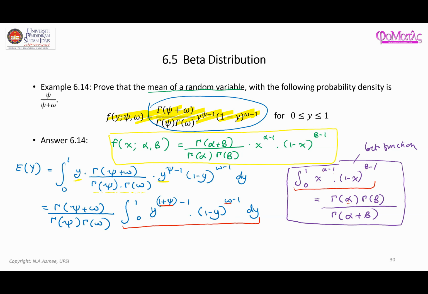So without having to resort to integrating this function, we are able to write the result straight away. So how does the result look like? Here we have gamma of psi plus omega over.